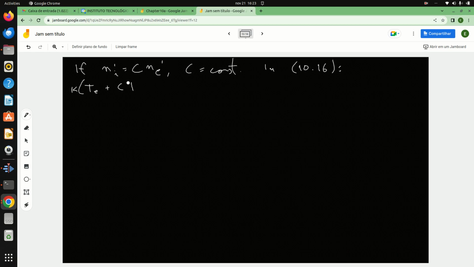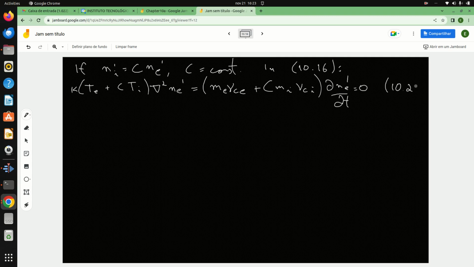(kTe + cTi) Laplacian of Ne is equal to (me nu ce + cmi nu ci) del Ne del T. Or you could just write del Ne prime del T equal to this.